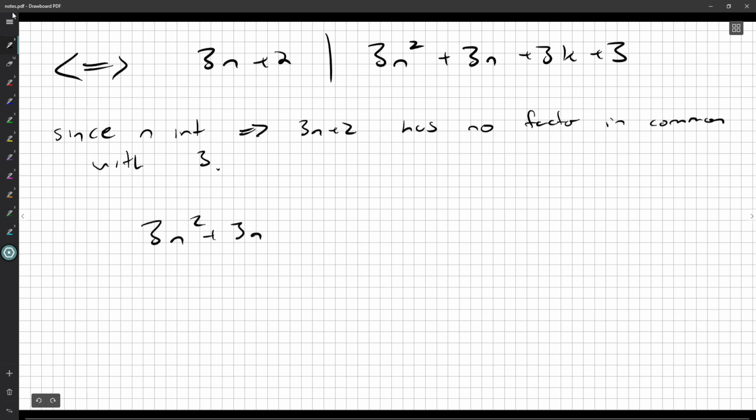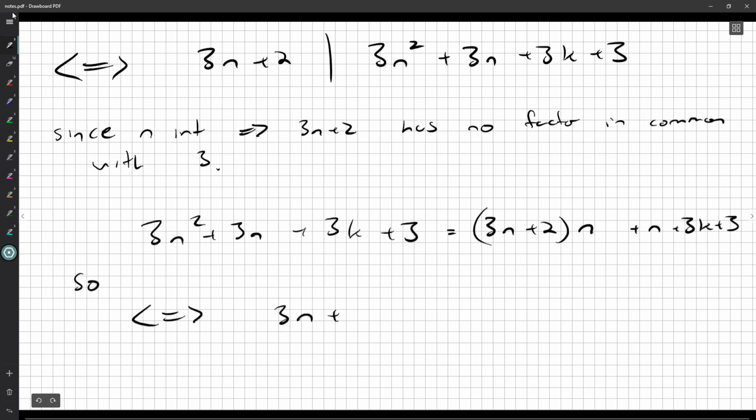3n squared plus 3n plus 3k plus 3 is 3n plus 2 times n plus 3k plus 3. So that happens exactly if 3n plus 2 divides n plus 3k plus 3.